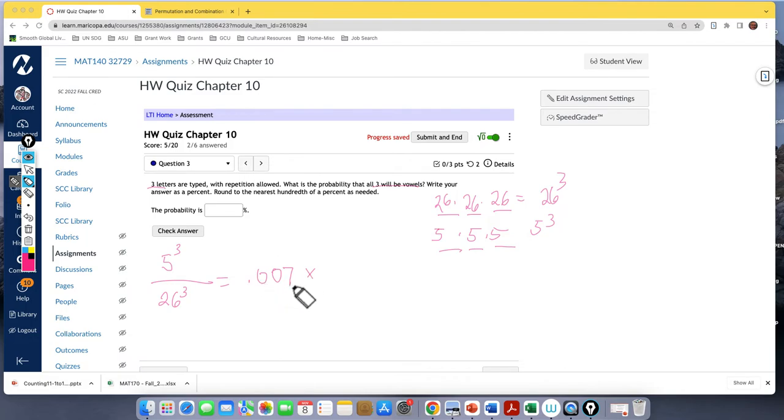So if I'm going to go to the 100th of a percent, I better have an extra digit here. I've got to have 4 digits here. Multiply by 100, move the decimal over 2 places, I get 0.71%. Less than 1% chance of that happening.